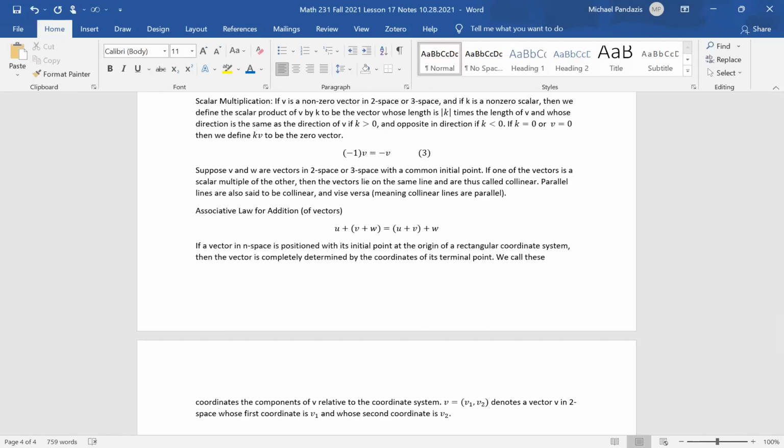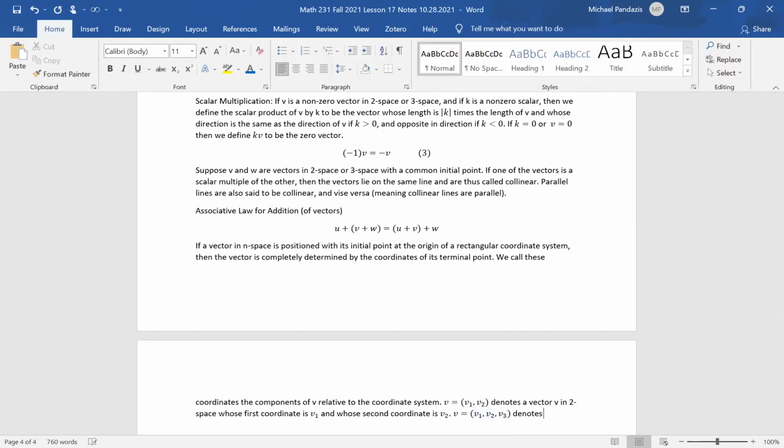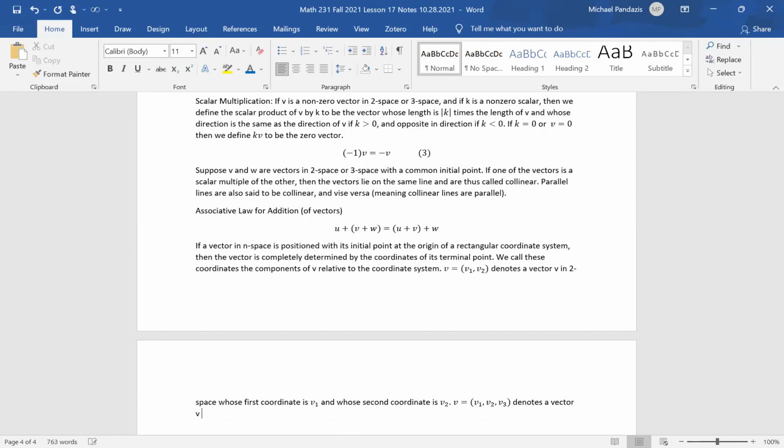Also, the vector V equals the vector V1, comma V2, comma V3 denotes a vector V in 3 space whose first coordinate is V1, whose second coordinate is V2, and whose third coordinate is V3.